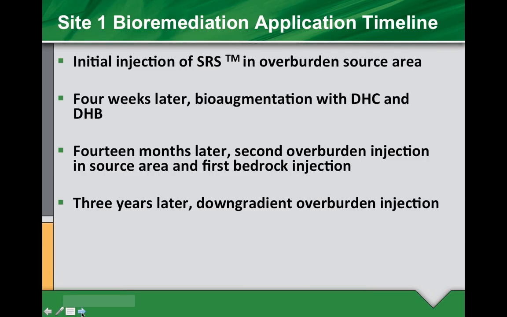In preparing this presentation, we realized how much microbial data we had, but in the interest of our presentation, confined it to mainly showing the Dehalococcoides results, at least for Site 1. At this particular site, first we applied our substrate in the overburden source area. Now we used SRS, which is a product of Terra Systems.